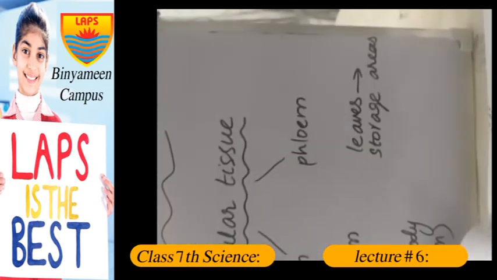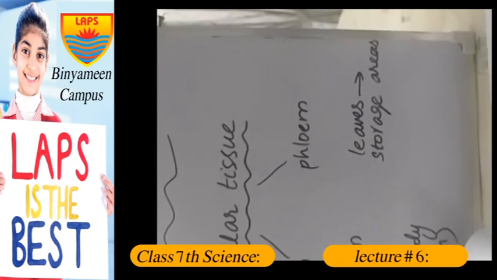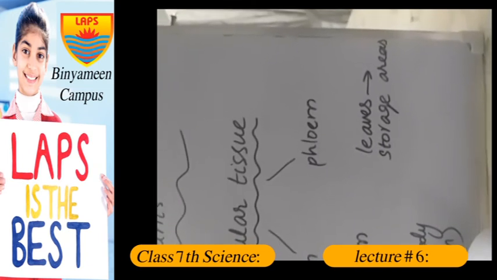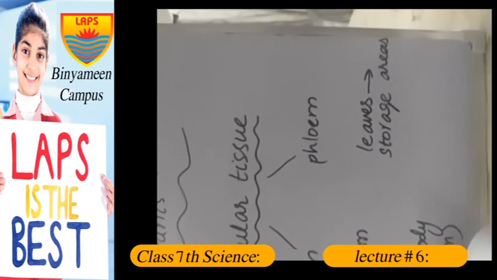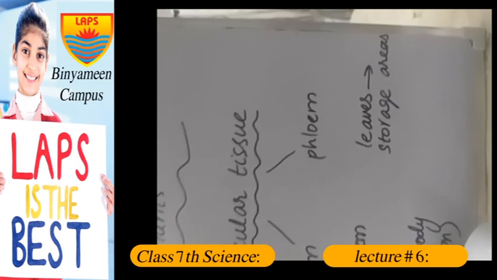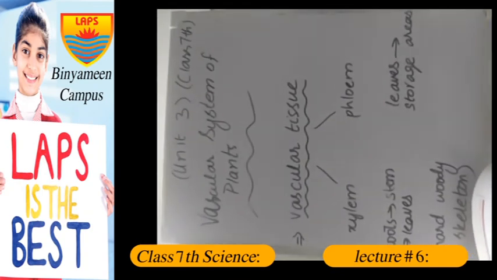And what do phloems do? Phloem tissues transport the prepared food that was prepared in the leaves. The phloem tissue transports this food to other parts of the plant, that are the growing or the storage parts of the plant. That's all about the vascular system of plants.